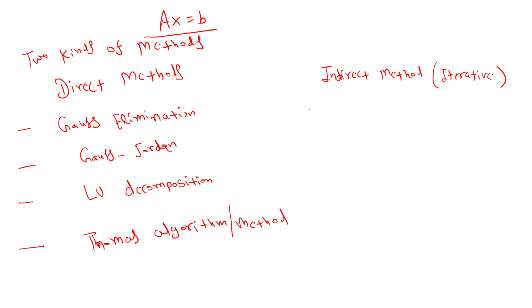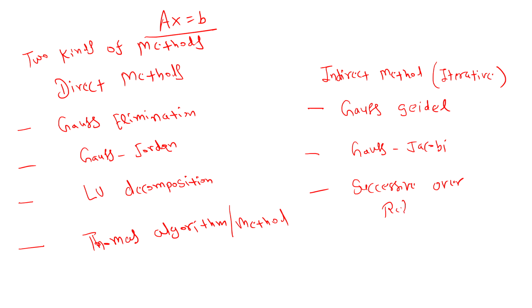And in this we have Gauss Seidel method, and the second method is Gauss Jacobi method, and the third method is successive over relaxation method. So we'll try to understand each of these methods in detail in the next video. So the first method which we will learn is Gauss elimination method.